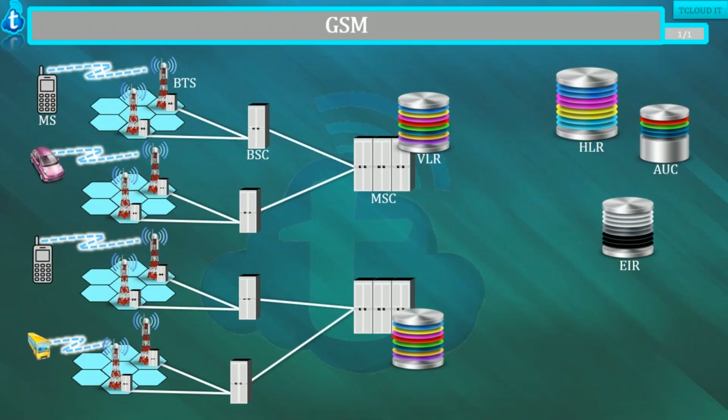So that's why these many small databases started popping up. Each one is doing its own functionality. The EIR is verifying the mobile phones, the authentication center is verifying the SIM cards, the HLR is storing the subscriber related information, and the one making the service decisions is your MSC with the help of the information stored in the VLR. Of course, that information is gathered from the HLR.